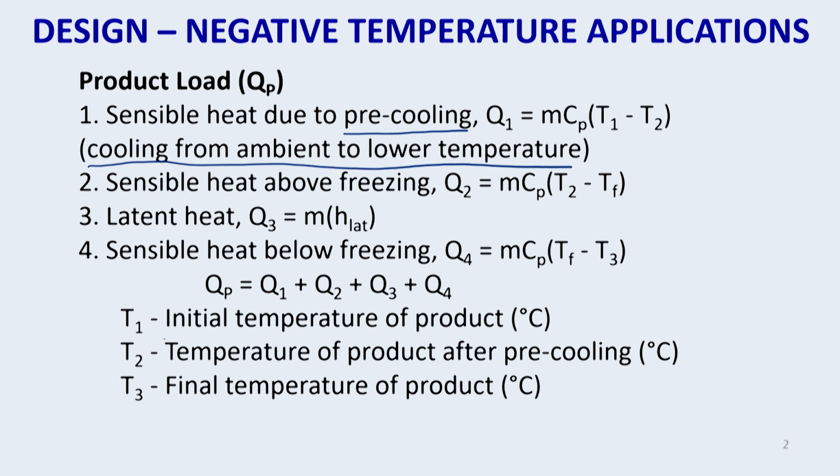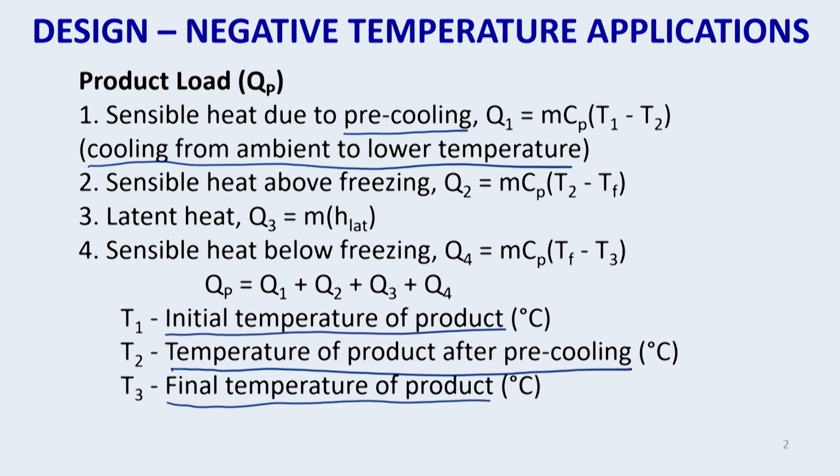T1 is the initial temperature of the product and T3 is the final temperature of the product. There is one more temperature in the negative temperature application, the temperature of the product after pre-cooling. So in positive temperature applications, we have T1, T2 and TF. Here we have T1, T2, T3 and TF.